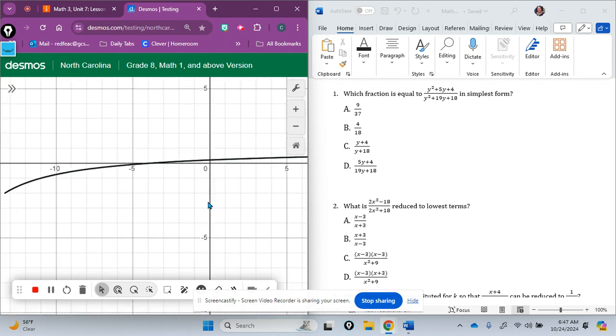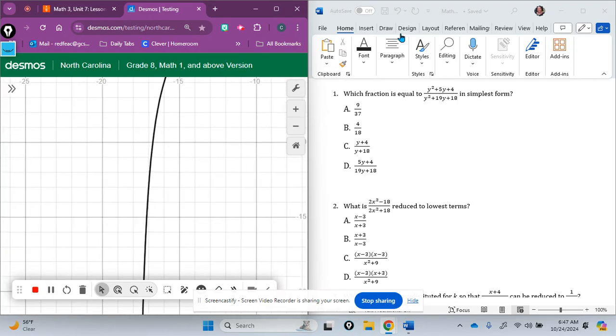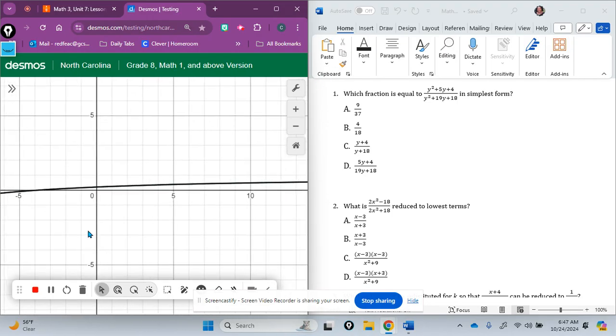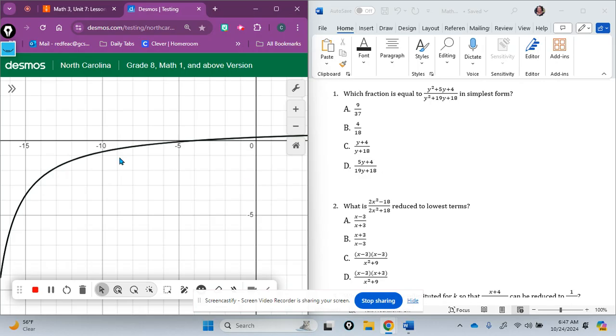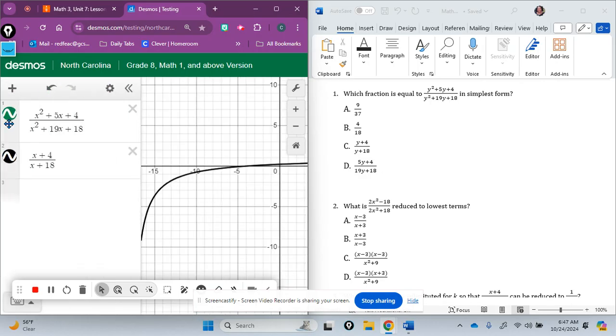If I look at my graph, I can see that it's completely overlapped from the beginning, because the black overshadowed the green. So the answer to that is C, X plus 4 over X plus 18.